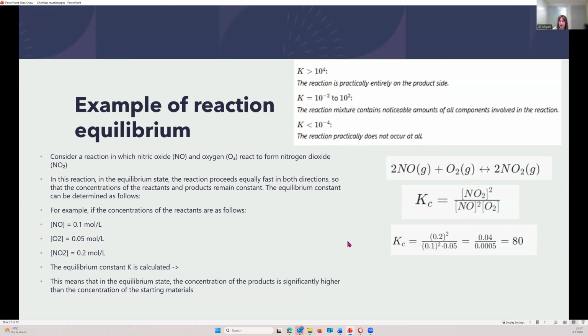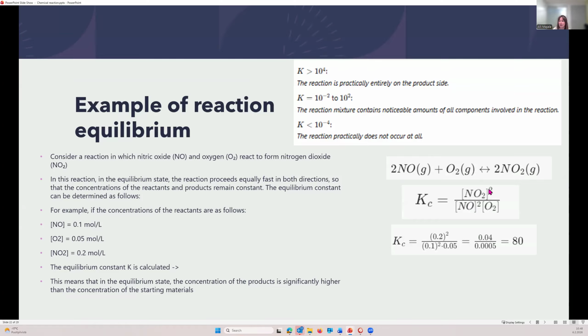So here is an example. For example, this kind of simple reaction, you have nitric oxide and oxygen, and you get nitrogen dioxide from this. Here is the K written for it. Here also, okay, gas, why not? You have a mixture of gases.